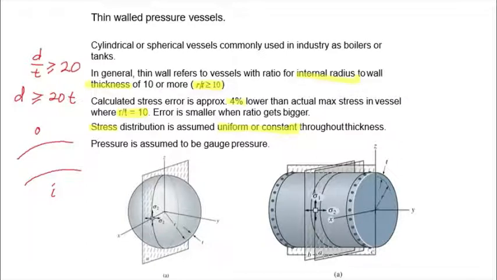So at any location you take across the thickness, we assume that the stress distribution is constant. The stress is the same here and in the middle or anywhere within the thickness because it is very thin comparatively. The other thing that we assume is in our equation we will use gauge pressure, right? So in the equation that we are going to derive, we are using gauge pressure only.